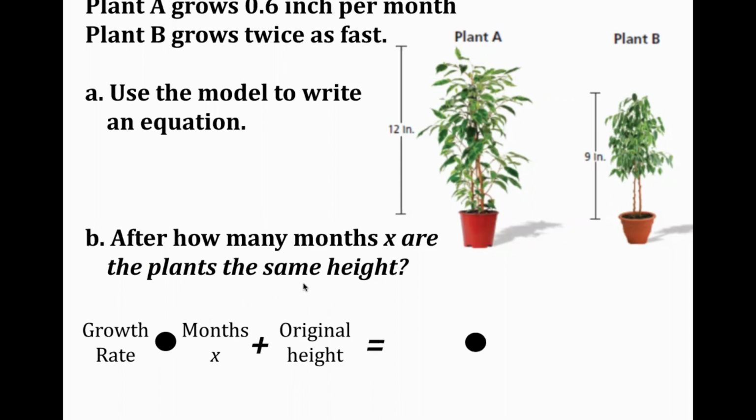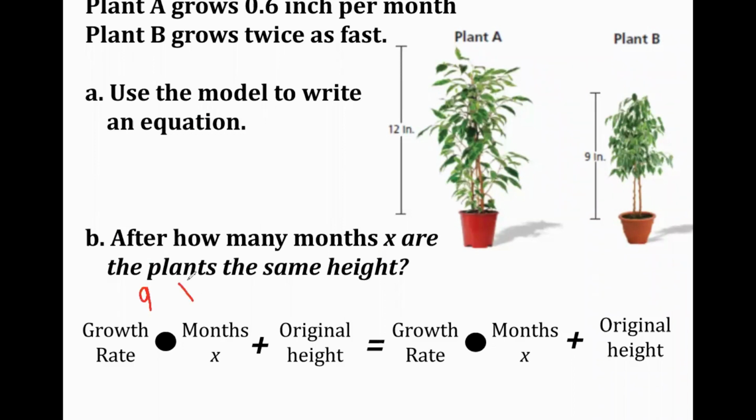And then I'm going to set that equal to the growth rate of the other plant times the months x, and then add the original height of the other plant. And notice here that we actually have it in our ax plus b equals cx plus d form. So we're going to be applying that concept to a real life situation.